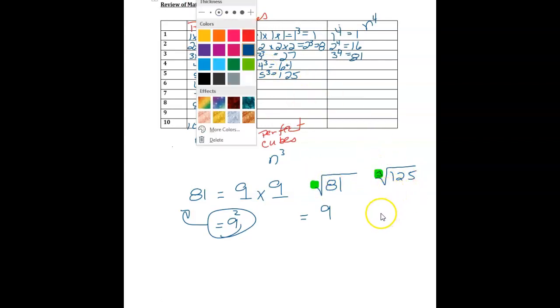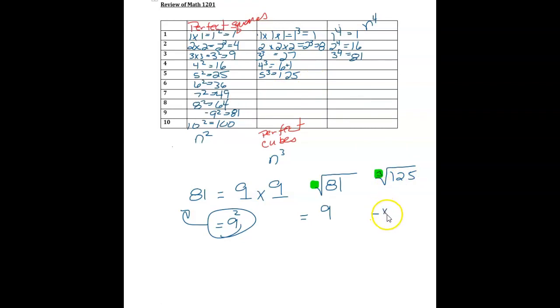Well, for one, this is a different question. What this is asking you is, with the 3 written there, what number is multiplied 3 times? Or what number to the power of 3 is 125? So this is telling me that perhaps 125 is a perfect cube. And if I remember my list, 5 times 5 times 5, or 5 cubed. So the answer here would be 5.